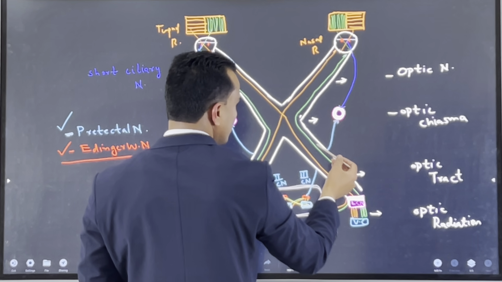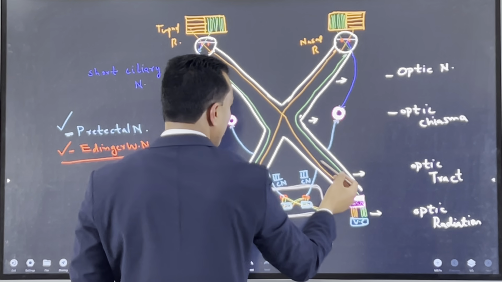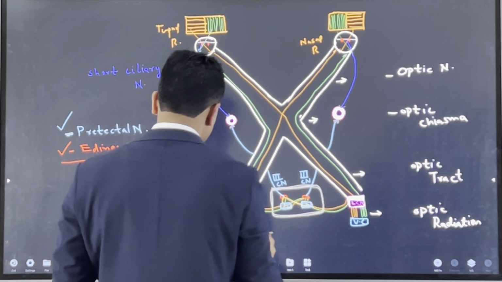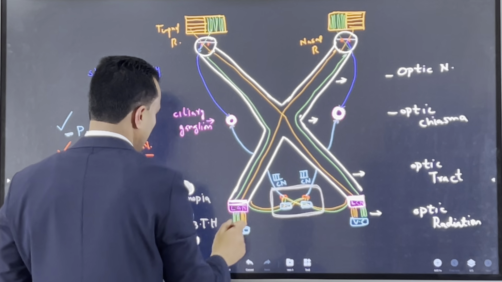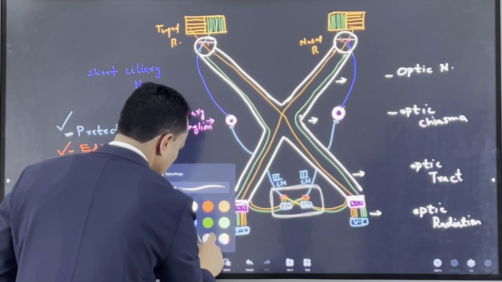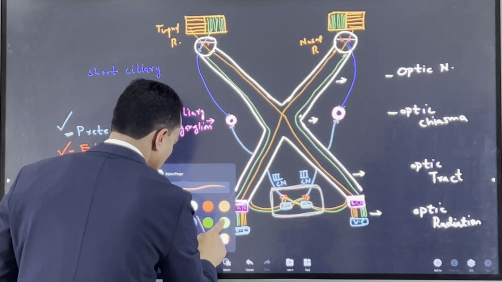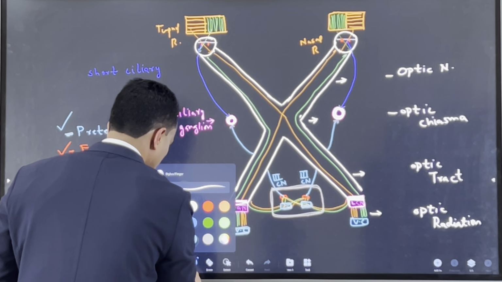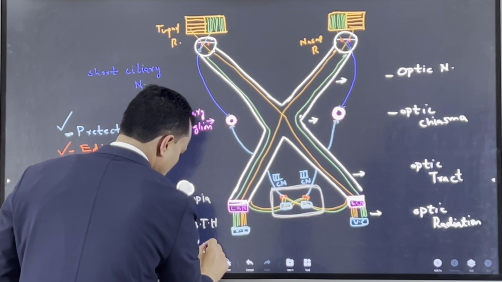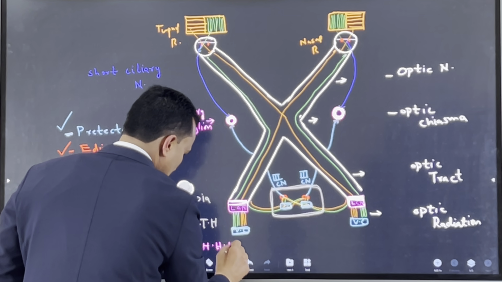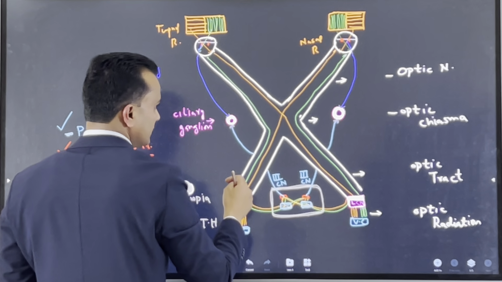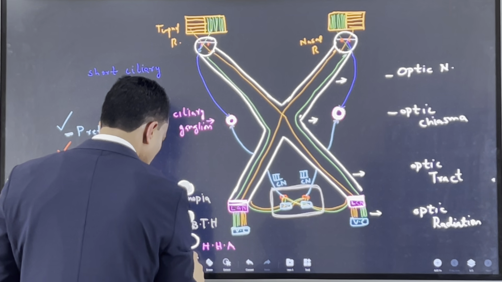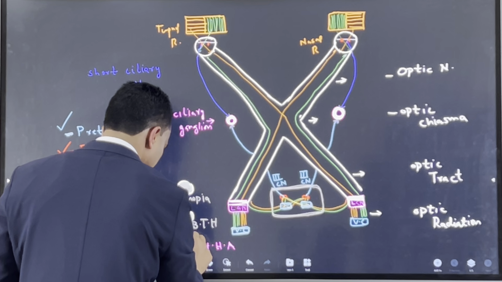So if you have an injury in the optic tract on the right side, the person will have homonymous hemianopia. But in the right eye the person will have a defect in the nasal part, in the nasal retina.